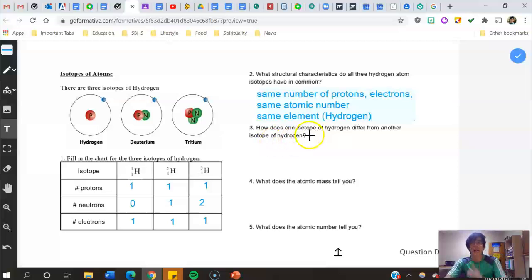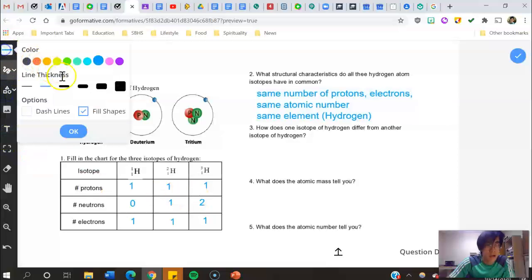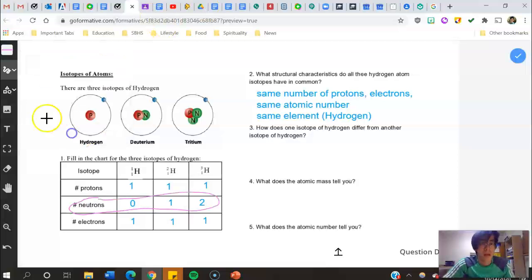So how does one isotope of hydrogen differ from another isotope of hydrogen? We see that the protons and electrons stay the same, but the difference we see is in the number of neutrons. This is my difference right here. Okay, so let me type that in.